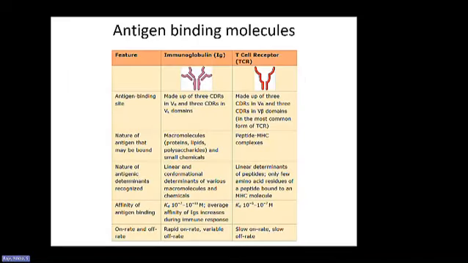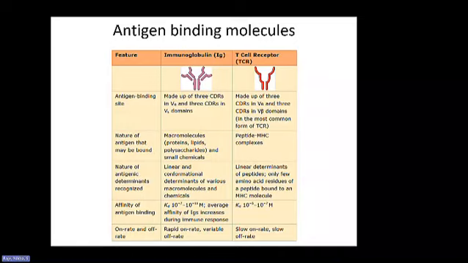All right, so looking at the antigen binding molecules, we know that for the adaptive immune system, there are two antigen binding molecules. One is the T cell receptor and another is immunoglobulin. Both of them are made up of three complementarity determining regions, and we'll talk about those.